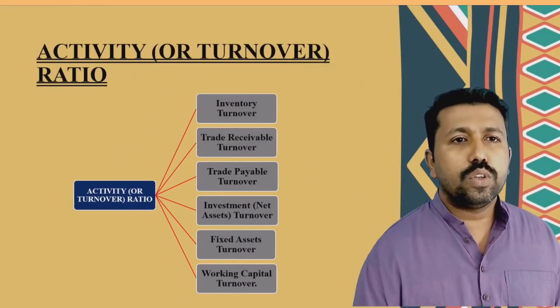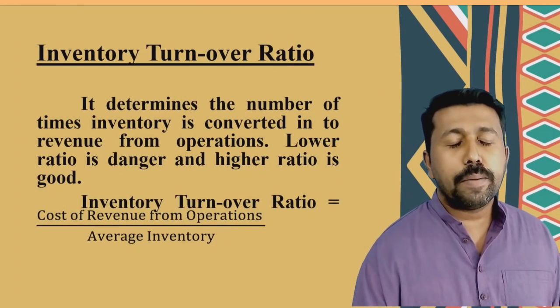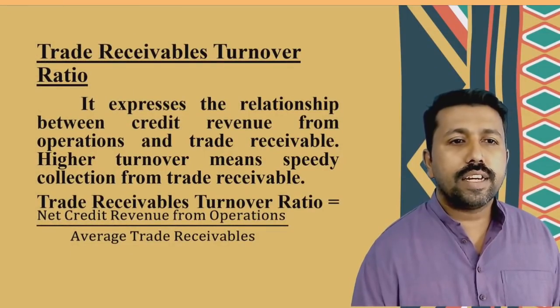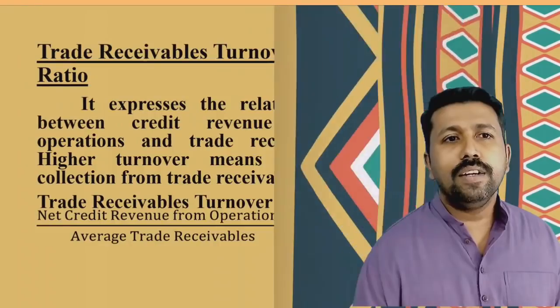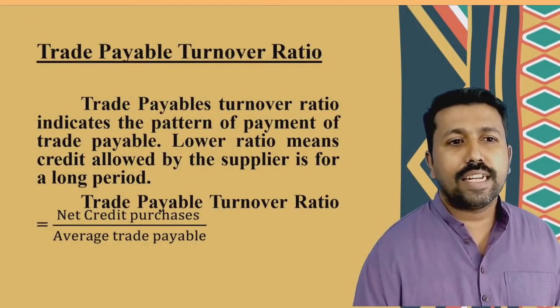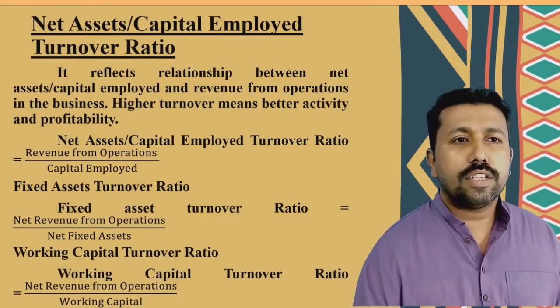And activity or turnover ratio includes inventory turnover ratio. Equation is cost of revenue from operation divided by average inventory, and trade receivable turnover ratio is there. Net credit revenue from operation divided by average trade receivable. Trade payable turnover ratio is there. Net credit purchases divided by average trade payable.